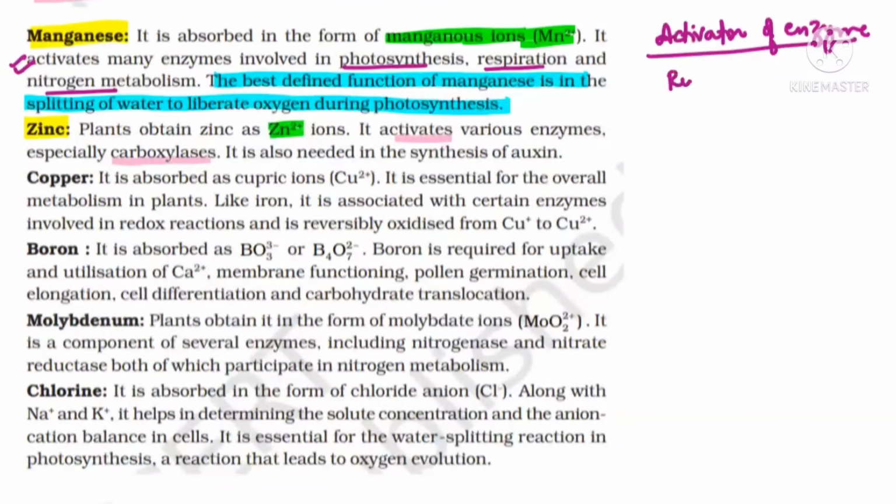We have studied Rubisco and PEPcase. Remember, beta? For them the activator was magnesium ion. Alcohol dehydrogenase: activator is zinc.